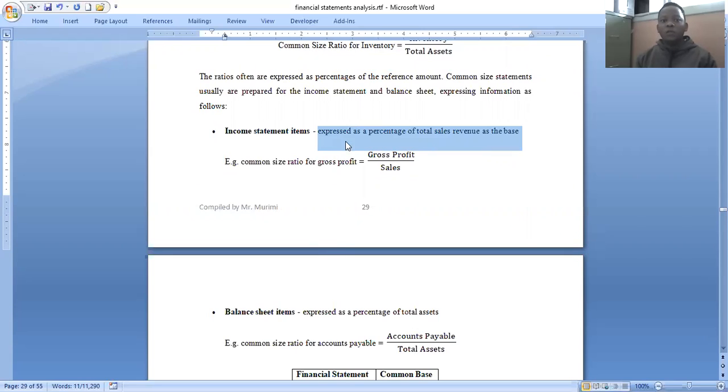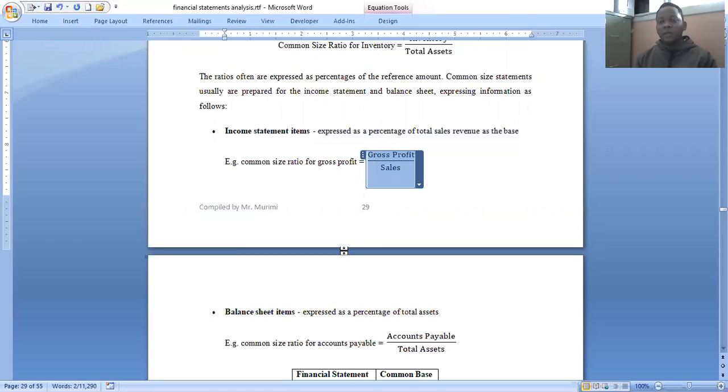For instance, if we are to do a common size ratio for gross profit, we shall divide it by sales. So please note that for the income statement, each item is converted to a percentage of sales, or we can say each item is expressed as a percentage of sales revenue.